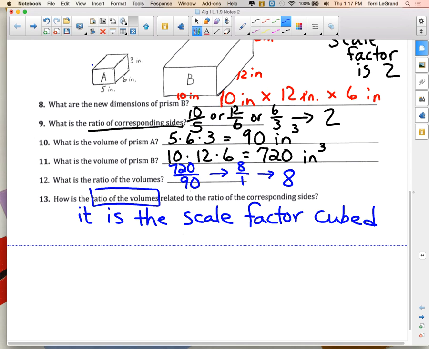What was the scale factor to get from 1 by 1 by 1 to 3 by 3 by 3? The scale factor was 3, was it not? So what did we say should happen to the ratio of volumes? It should be the scale factor cubed. 3 times 3 times 3 is 27. So 3 to the third power is 27, so it should take 27 of these little cubes to fill up the bigger one, okay?